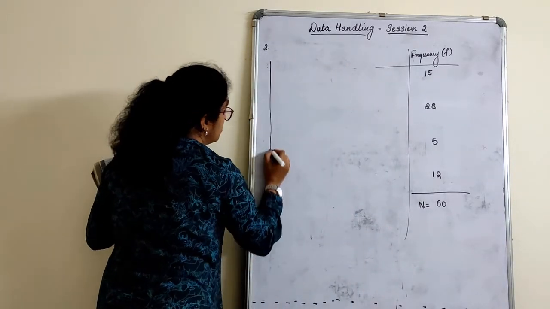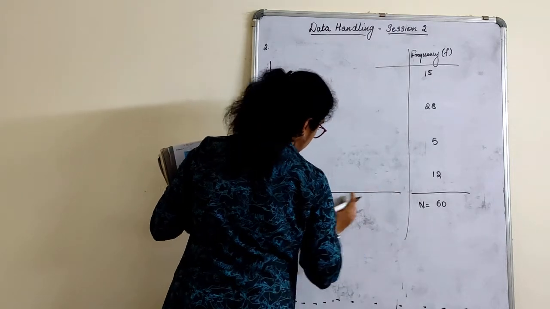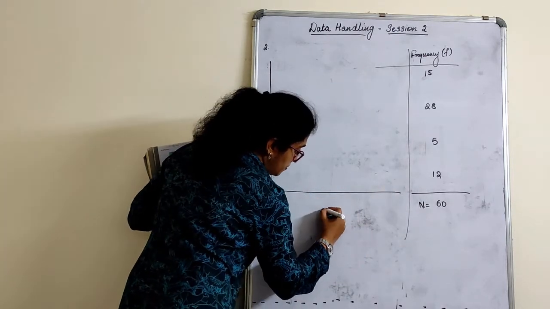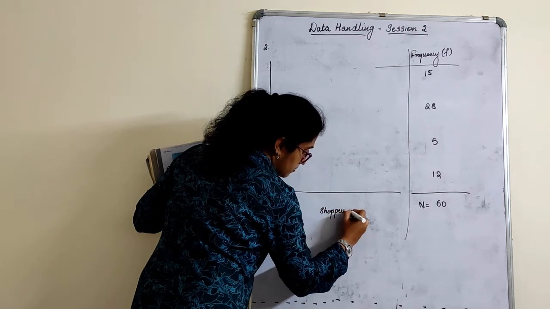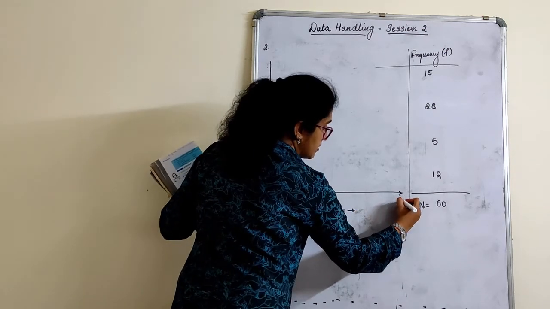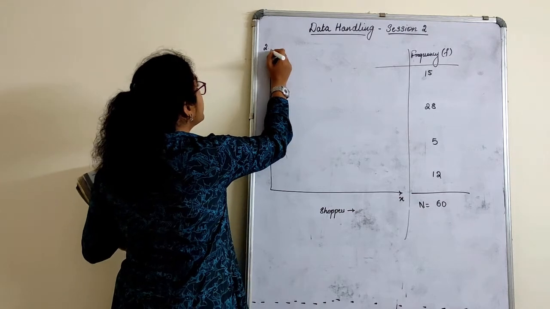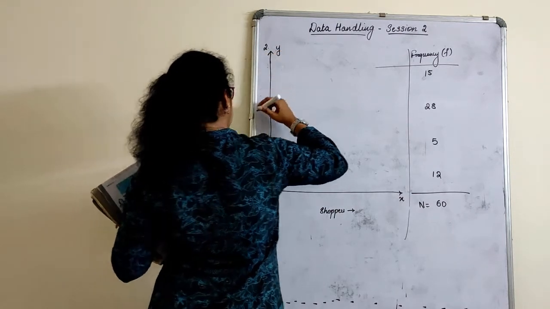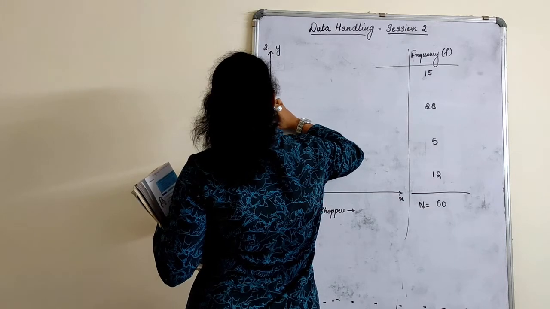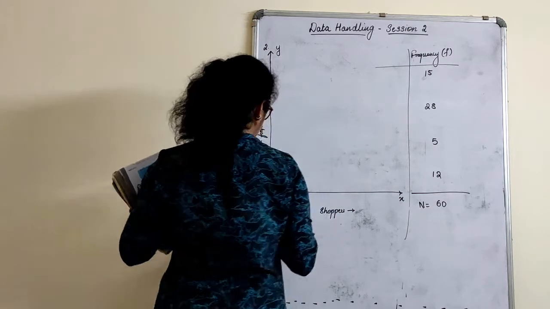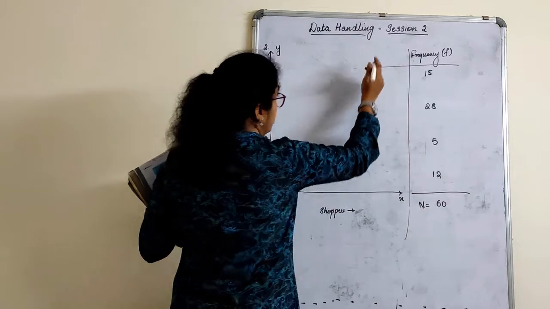How do we have to draw? Your x-axis will be the shoppers. Always mark this. Your y-axis will be the frequency. What scale will you choose?